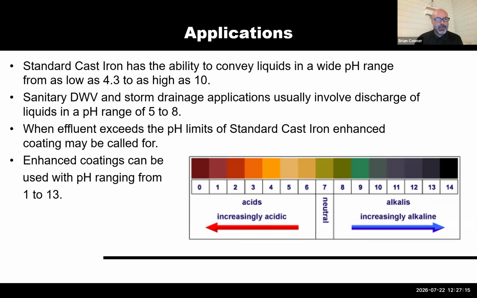So right now, for chemical or acid waste applications, you've got just a few different piping systems that are commercially available. Polypropylene, PVDF, which is polyvinyl fluoride, and glass pipe have all been around for quite some time. And you also have CPVC for chemical and acid waste.